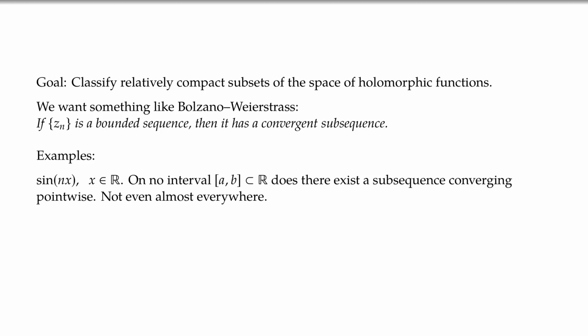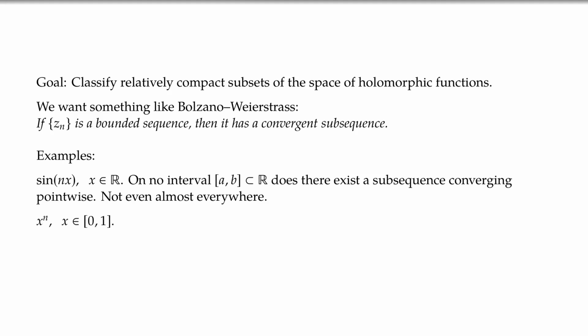And in fact, you can't even get it to converge almost everywhere, if you know what that means. It's basically a sequence for which there is no convergent subsequence in terms of converging at points. You'd have to look at a very different topology, definitely not the topology that we're interested in here. In the end, we're interested in uniform convergence on compact subsets, right? But this thing doesn't even converge pointwise.